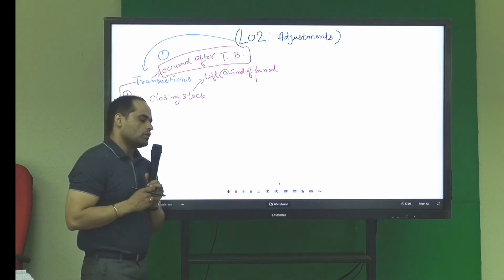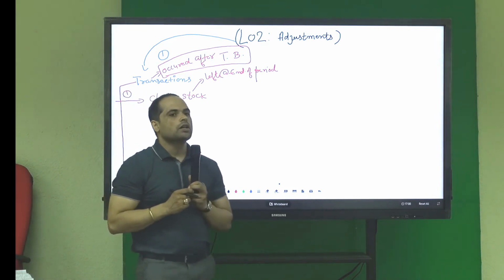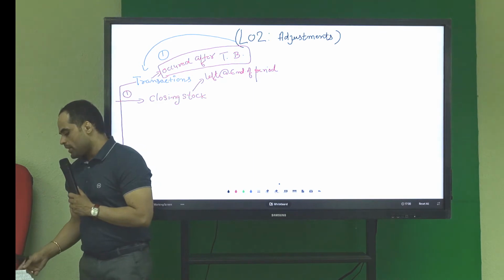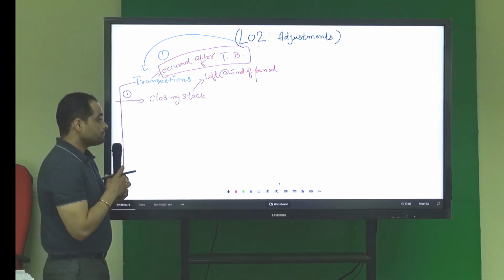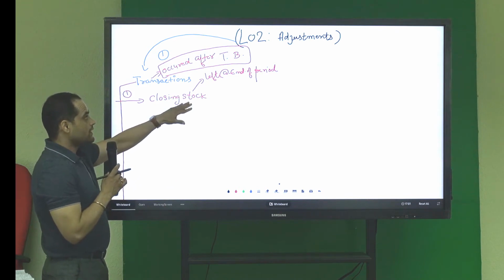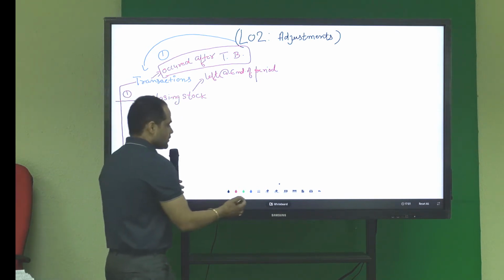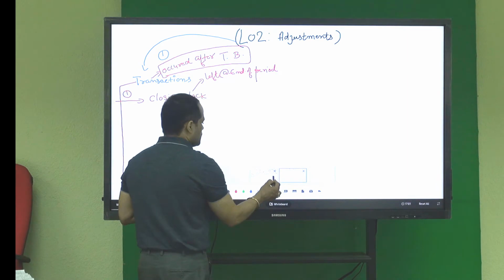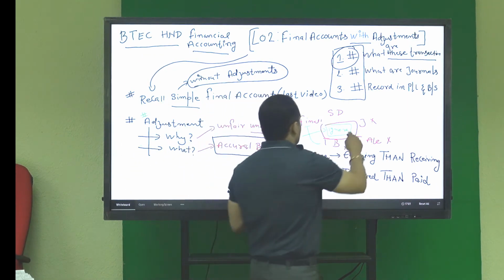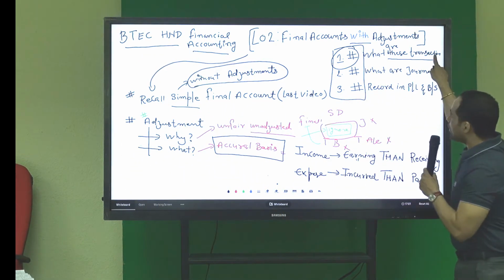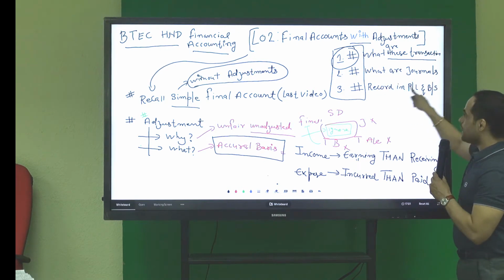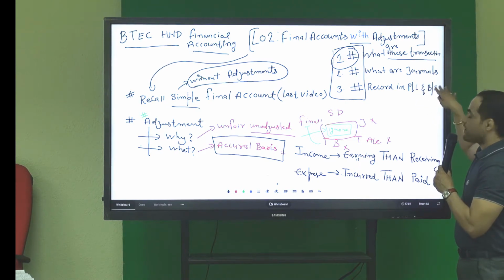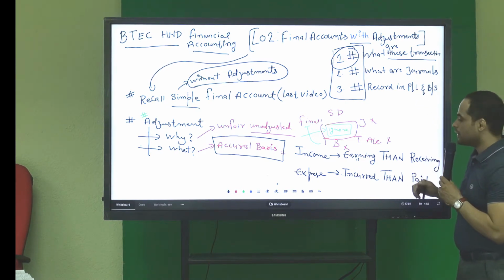Now, what will be the journal entry for this closing stock? Right? So, closing stock, journal entry, and how we record, where we record in profit and loss, and where we record in our balance sheet. Right?